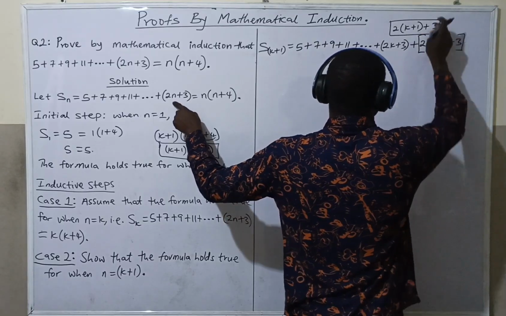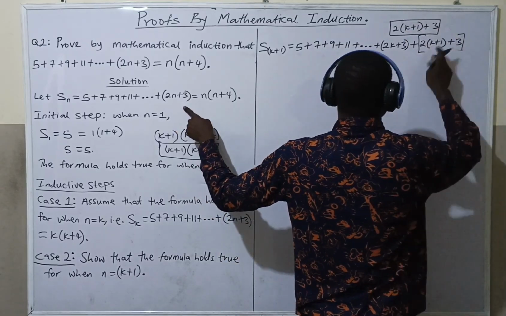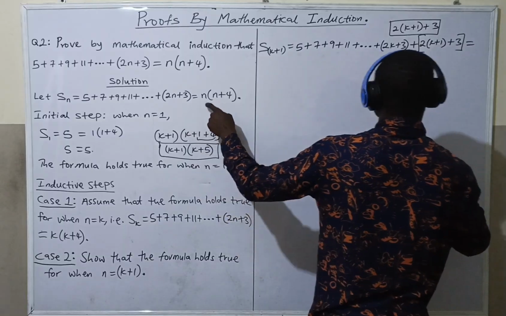So this is the next thing that we are adding, just as we have it here. And once we add this one to the left hand side, it's also going to be added to the right hand side.